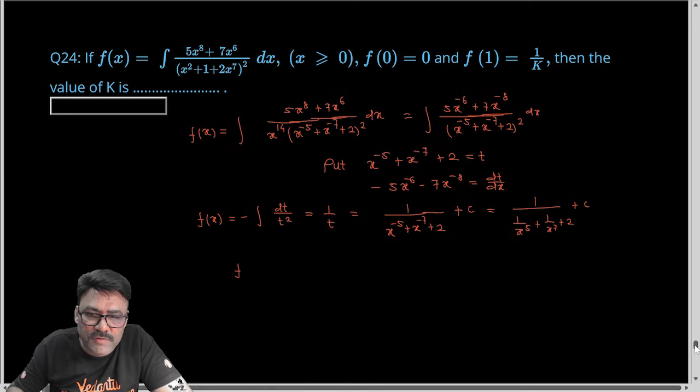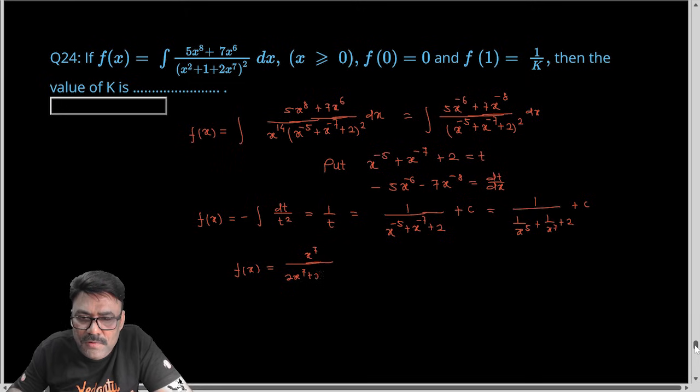So fx will be what? X raised to 7 goes up. And here you will get what? Here you will get 2x raised to 7 plus x square plus 1 plus c.